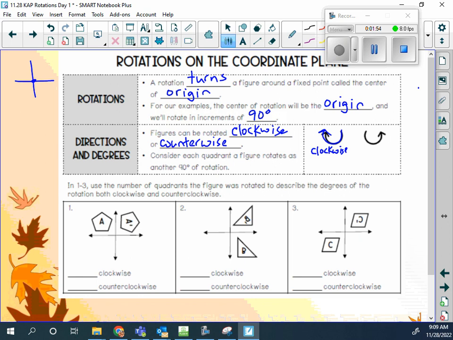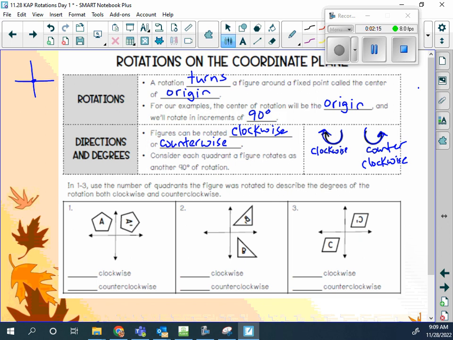If it's going the other way, it would be counterclockwise, because that means against the clock. So you seriously need to know that in order to do this, okay?